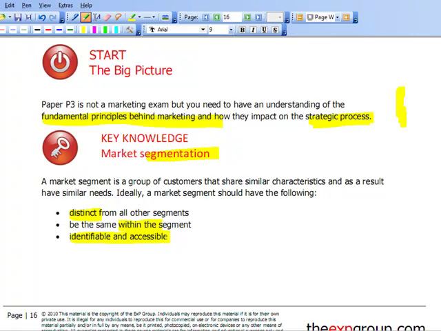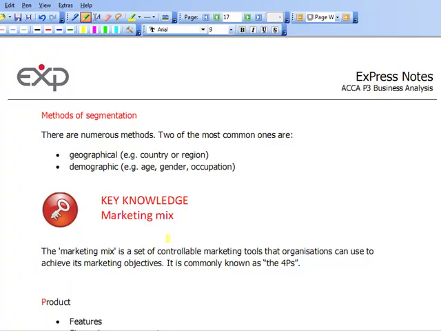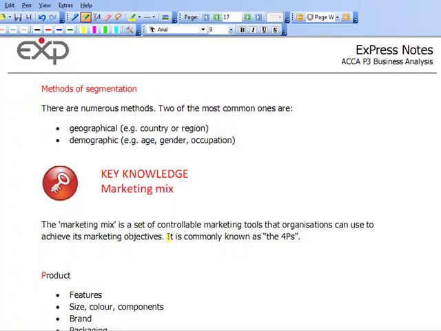Okay, so we've identified what a market segment should have. The next thing to look at would be methods of segmentation. Now, there are lots of methods of segmentation. Two of the common ones we're going to have a look at here: geographical and demographic. So, for example, you could segment the market according to geography, according to country.